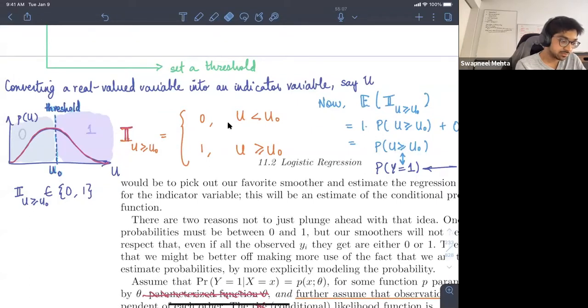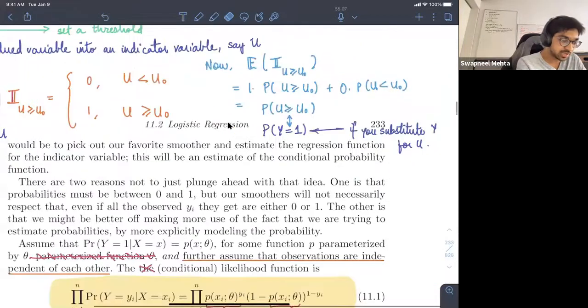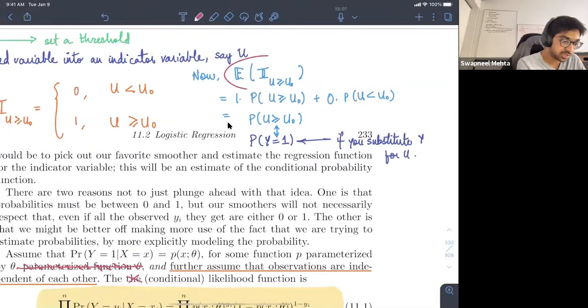And if you examine this indicator random variable, like we've discussed before, when you have a random variable, you want to define some sort of summary statistics for the set of values that it takes. If you go to define the expectation of this indicator random variable, you remember that expectation is equal to the value times the probability of that value.